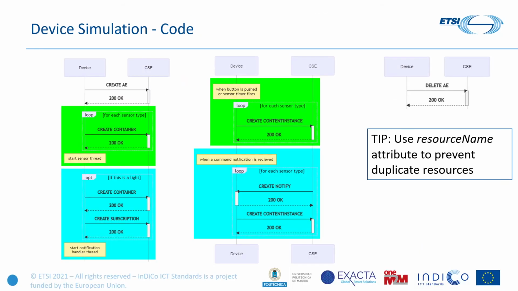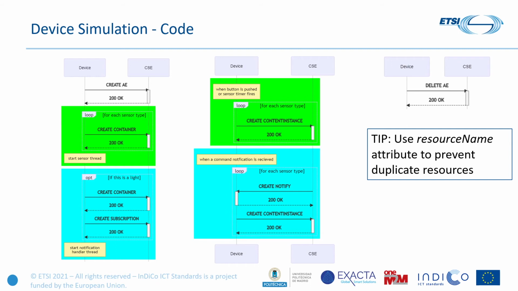So these are the call flows that the device simulation code will have to execute. On the left, we have the startup code that will have to be run. What's happening here is that when the device starts up, it has to do a few basic things to set up for its steady state operations. For example, all entities in oneM2M have to register.